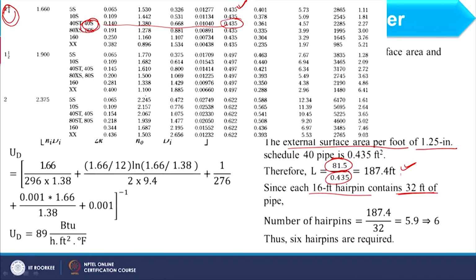So, if I say 8 feet hairpin or 16 feet hairpin, it means it is only half the length of the total pipe. So, with 16 feet, 32 feet is the total length, and 187.4 feet is the total length of the exchanger we have already seen. So, we can simply find 6 hairpins as the total number of hairpins in this example.